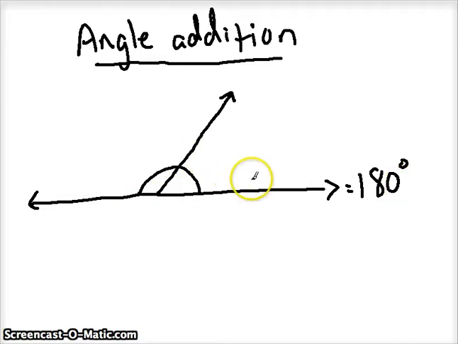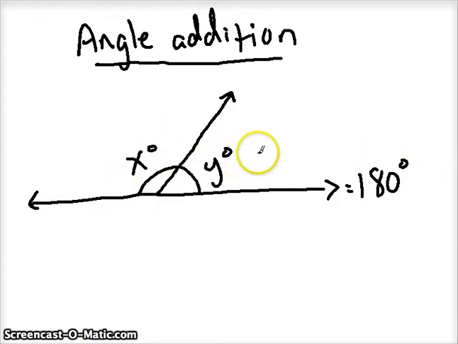That's 180 degrees. So if I cut that straight angle in some fashion, it doesn't have to be in half, it could be at any point, then I know that whatever this is plus whatever that is has to add up or has to combine to make 180 degrees.